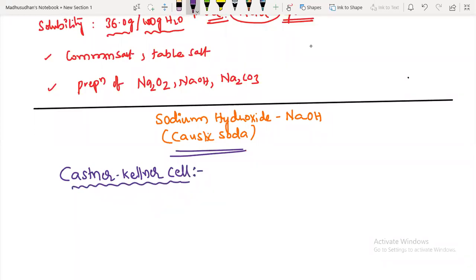This is the method of preparation of sodium hydroxide. It is an electrolysis method, which means you need to have a cathode and anode. And the cathode here is mercury.